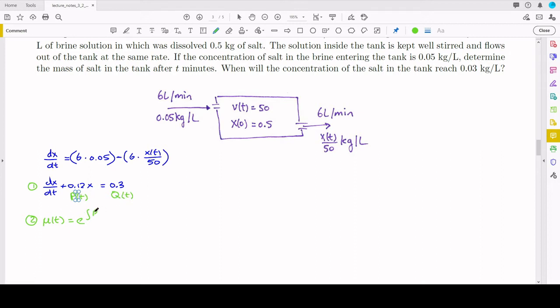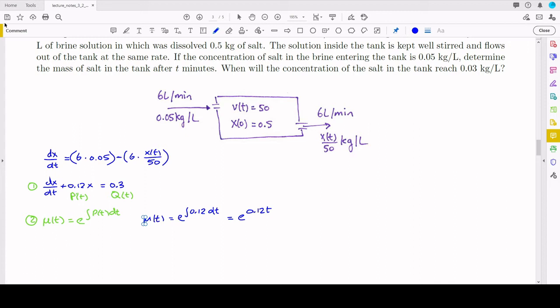So mu of t is e to the power integral of p(t) dt. That's our second step. What we get is that mu of t is e to the power antiderivative of 0.12, and that's e to the power 0.12t.